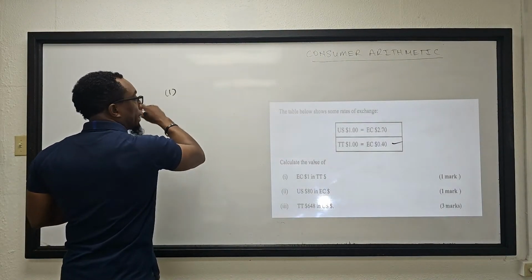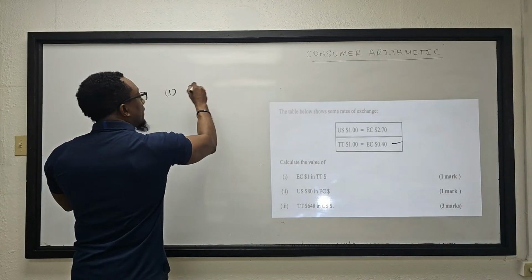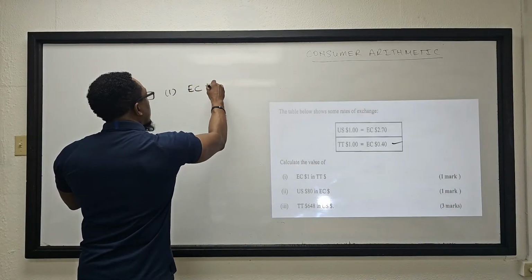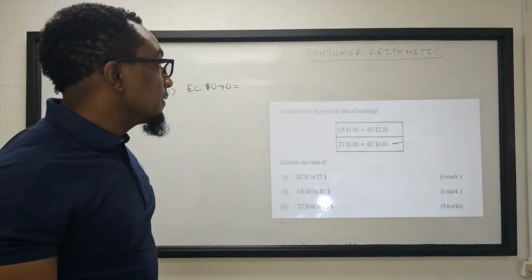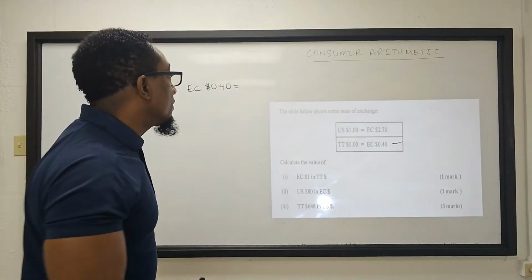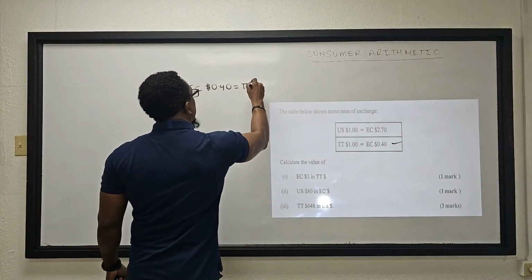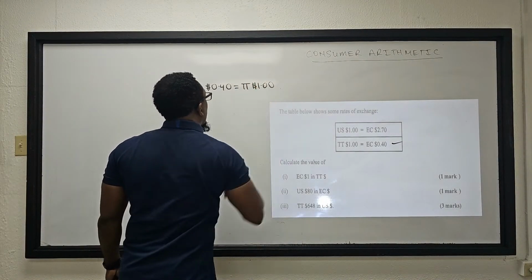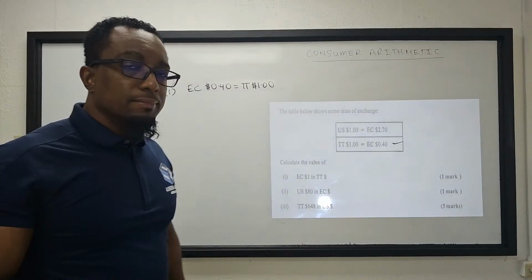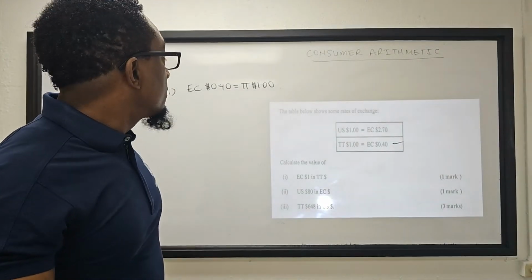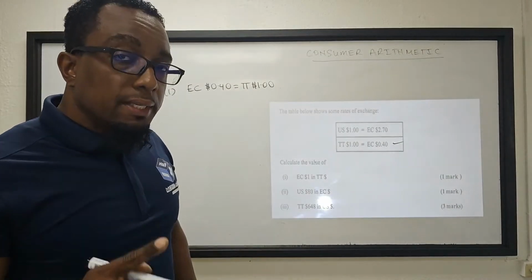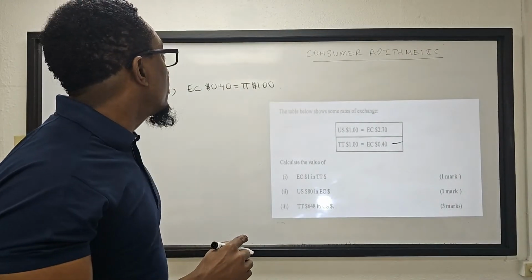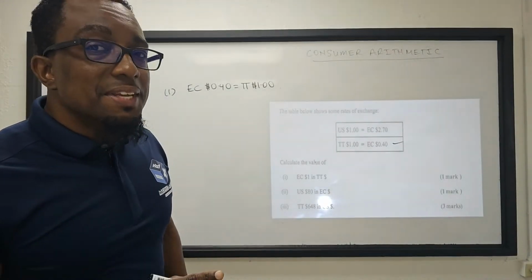Part 1, we're going to state EC $0.40 is equal to TT $1. Then we want to determine what 1 EC is equal to. So first to determine what 1 EC is equal to, we have to determine what 1 cent EC is equal to.